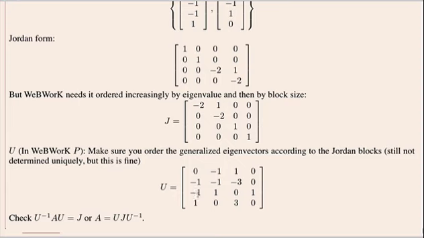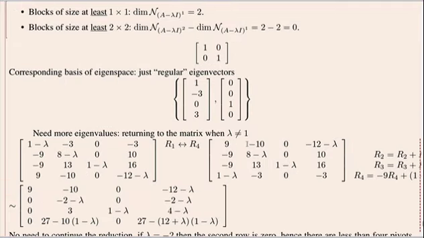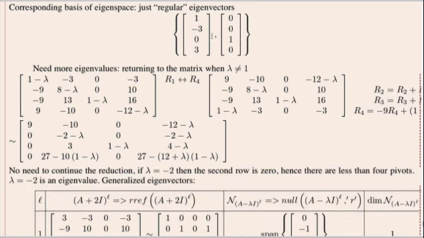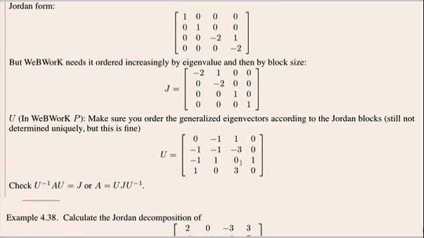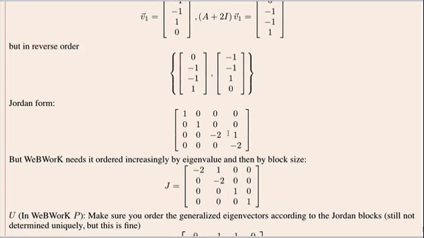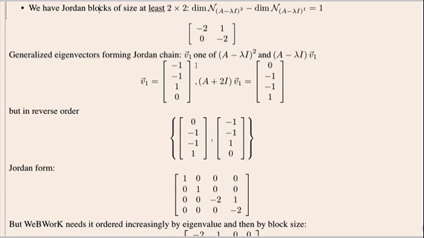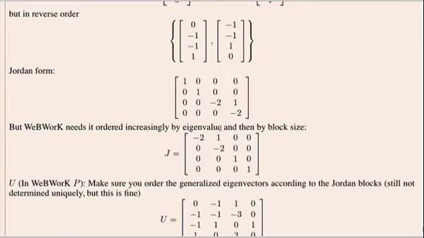So they are the first ones in U. And then the eigenvectors corresponding to 1 that we calculated before. These are just regular eigenvectors and the order doesn't matter here. That's why it's not unique, but it turns out that both orders should work out. On the other hand, when you calculate the generalized eigenvectors in the Jordan chain, then the order matters. Very important, otherwise it doesn't come out correctly.